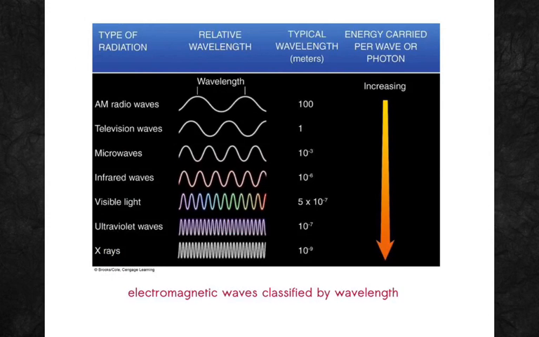A couple things to note about this figure. The first is that it's nowhere close to scale. For instance, for the radio waves, they've listed wavelengths of 100 meters or so. And the next one down is television, which they're listing at 1 meter. So there should be a difference of 100 in the wavelength between the first and the second, whereas as they've drawn it, it's just a difference of 2.